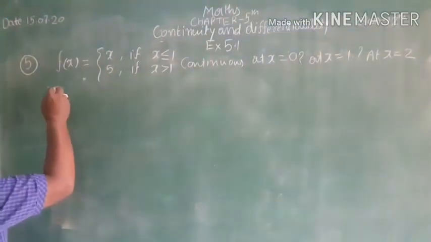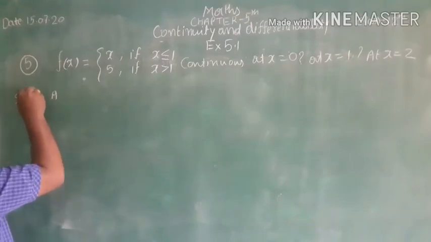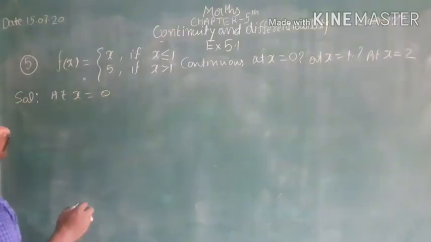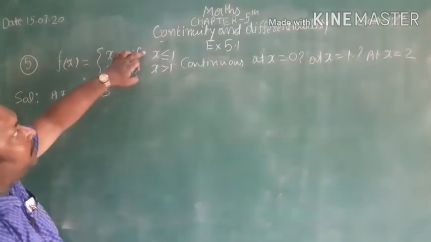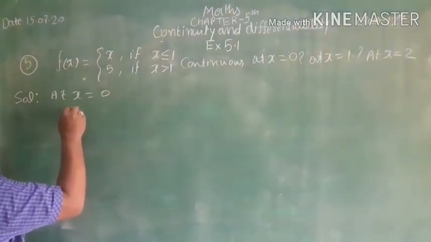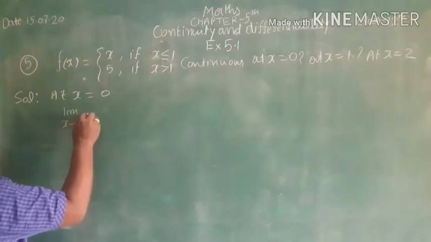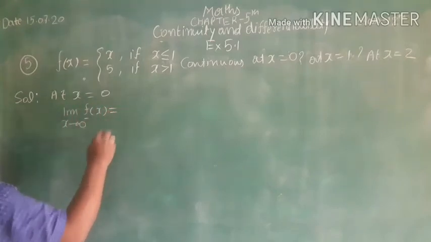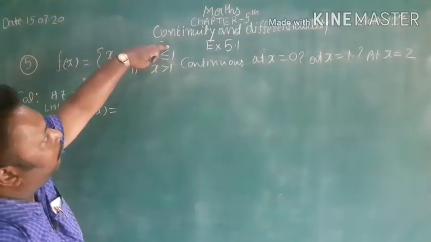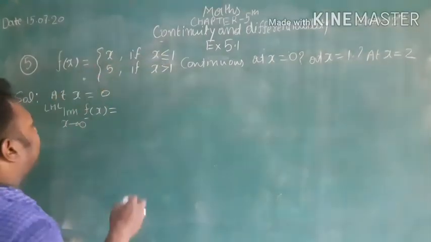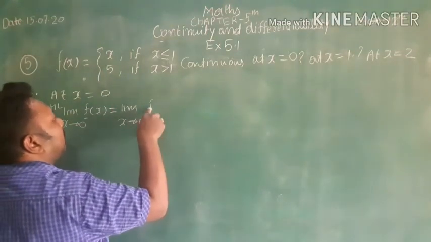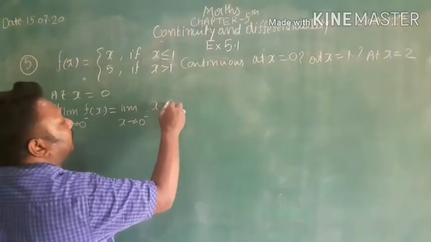So at x = 0, we find out LHL and RHL of that function. So we write down limit x tends to 0 minus f(x), that is the LHL. So for 1 less we take x. So we write down limit x tends to 0 minus, in place of f(x) you put x.